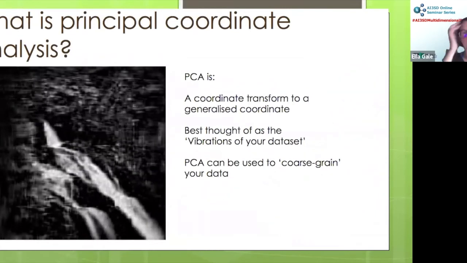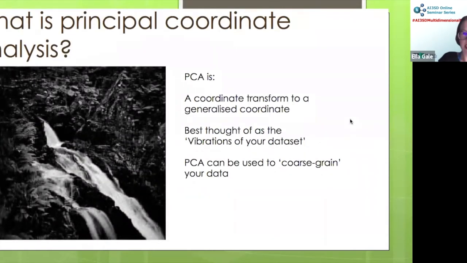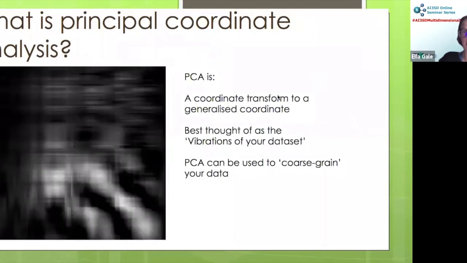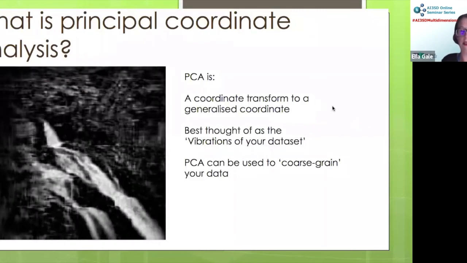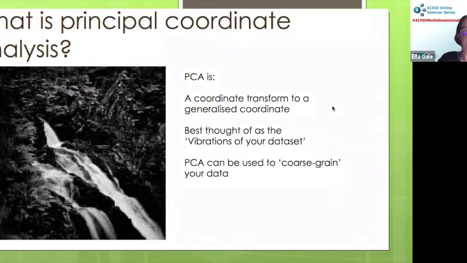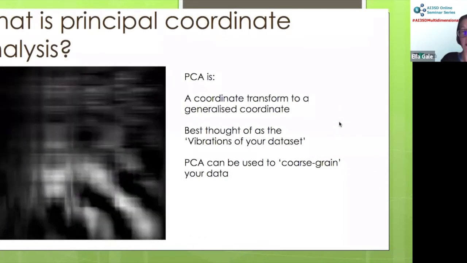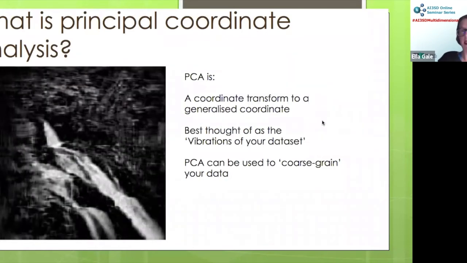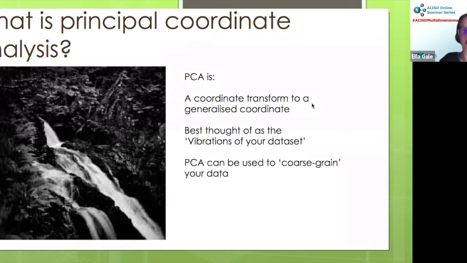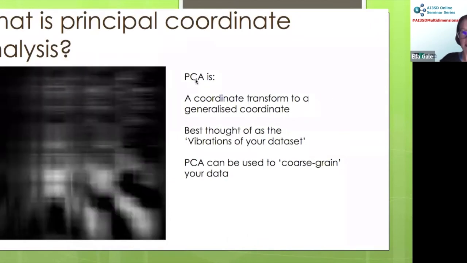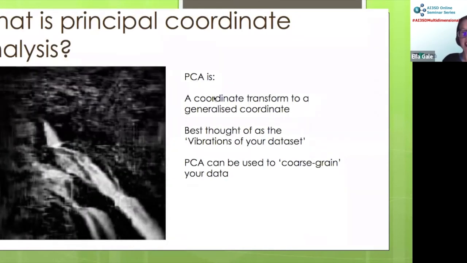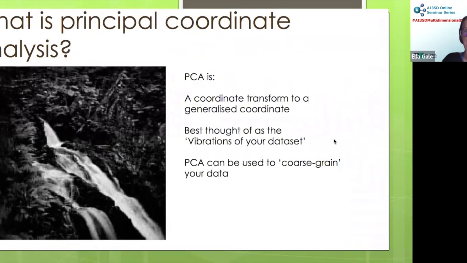Okay, so principal component analysis. This is a coordinate transform to a generalized coordinate. Now, the reason I just showed you the map and the water example is that most people seem not to understand principal component analysis. So principal component analysis is really just the vibrations of your data set.